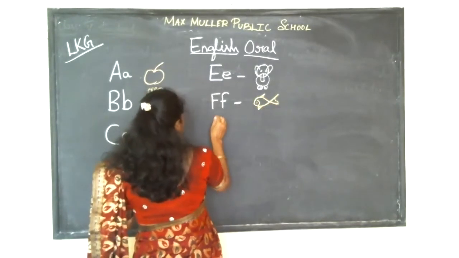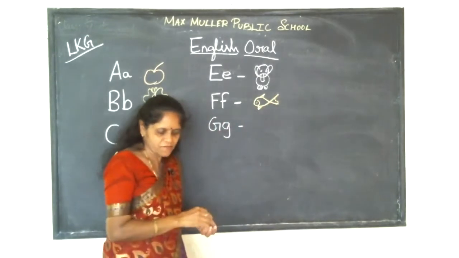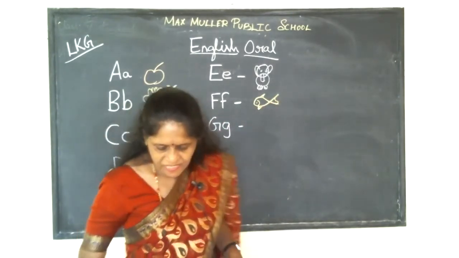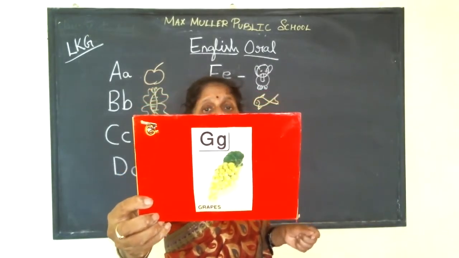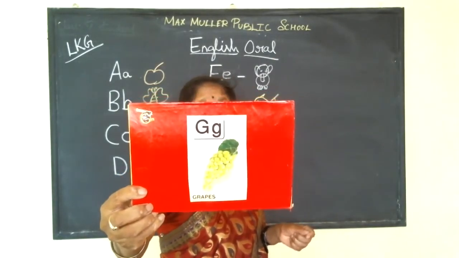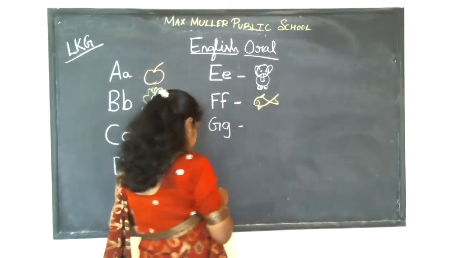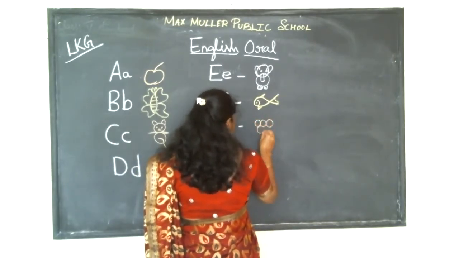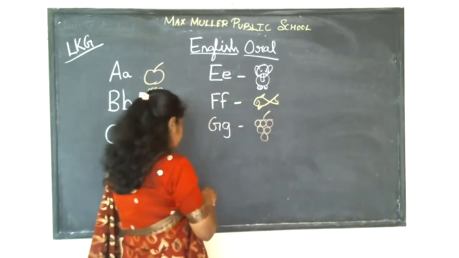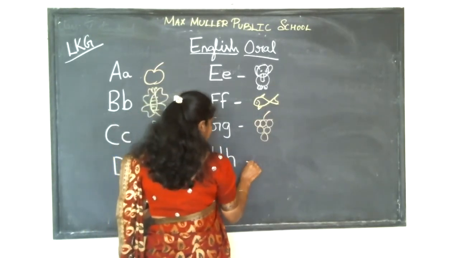Next, capital G, small g. G for, which picture is this? G for grapes, your favorite fruit, right? G for grapes. Next, capital H, small h.